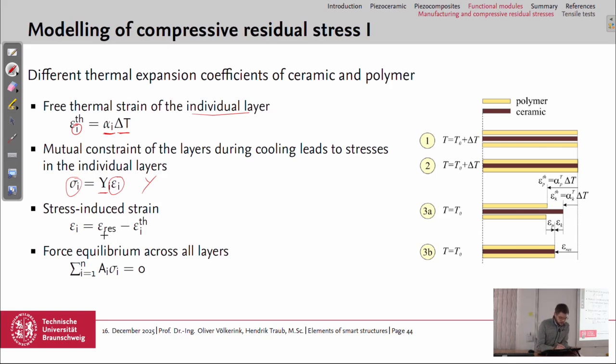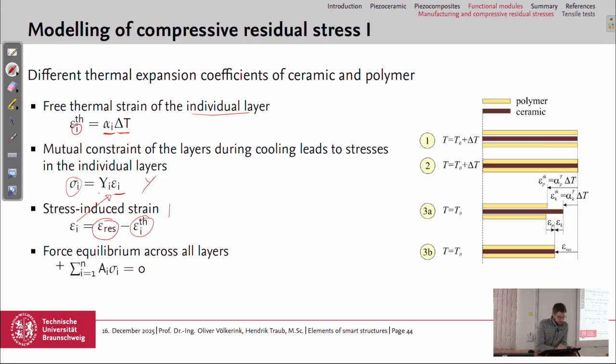Or the overall strain would, so this is not the thermal strain, but this is the overall strain. And we can calculate with this equation the stress-induced strain by subtracting the thermal strain from the residual strain, and then have this in this equation here.